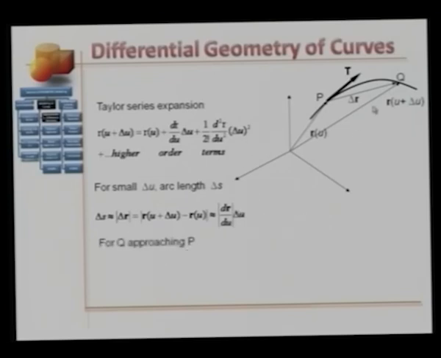If Q approaches point P, then delta s takes the differential form ds, which is equal to the modulus of dr over du times du. This derivative of R with respect to u is denoted by r dot.